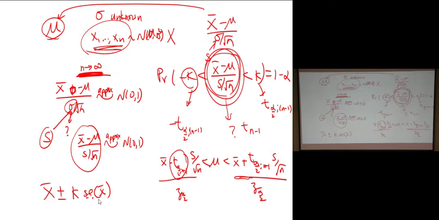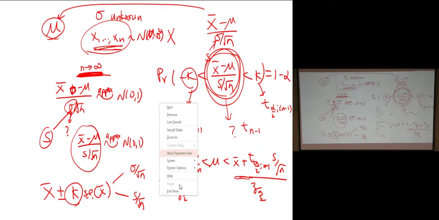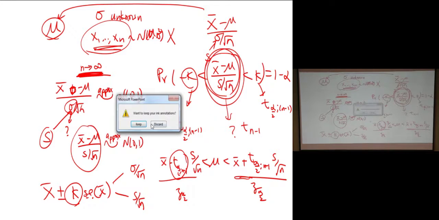So if sigma is known, it will be this. If sigma is not known, it will be this. Then you are working on the constant k, whether it is a z alpha over 2 or a t n minus 1 alpha over 2. All right, it depends on whether the underlying distribution is normal or not, whether the sample size is big or not.